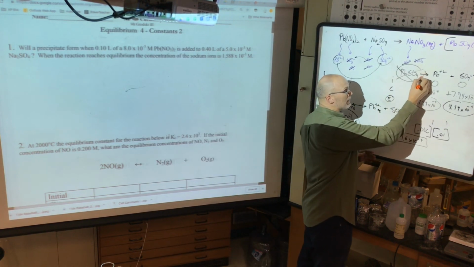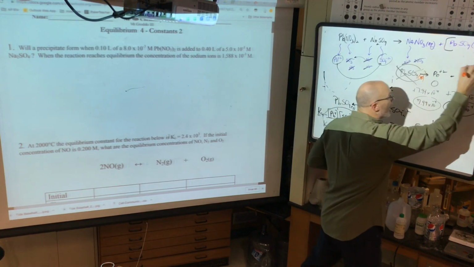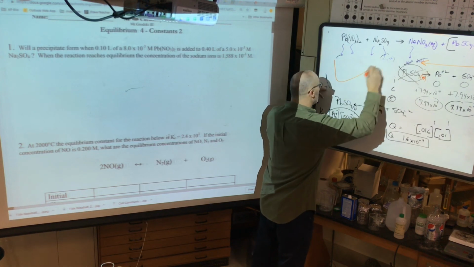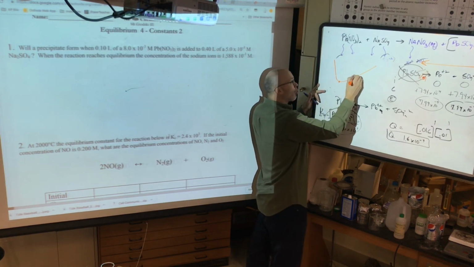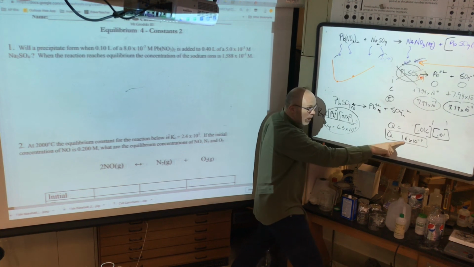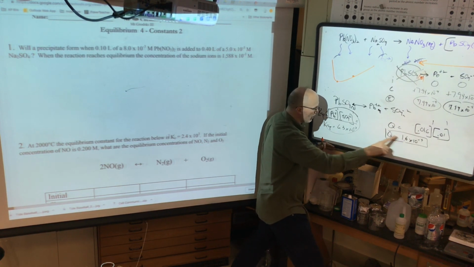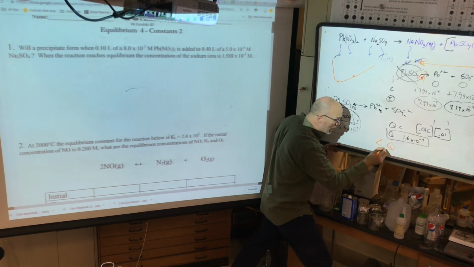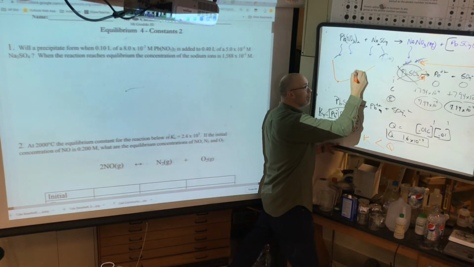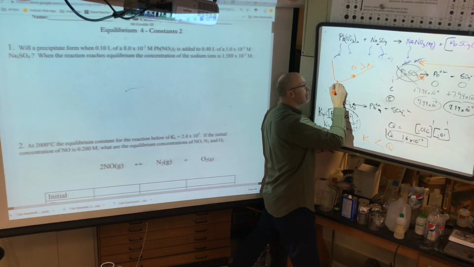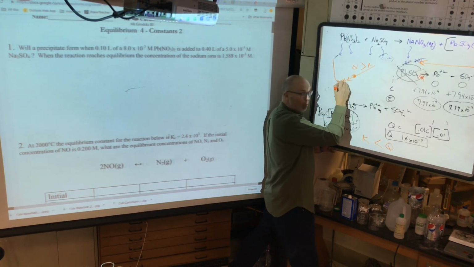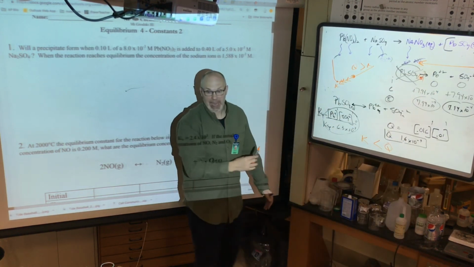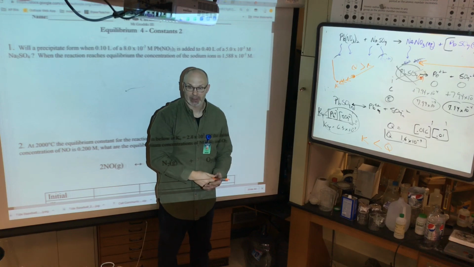I'm asking you, was Q greater than K? Look, Q is 1.6 times 10 to the negative 4. Yes. And that's much bigger. Q is greater than K. So the reaction's working in reverse. And therefore we are making a precipitate. Yes.